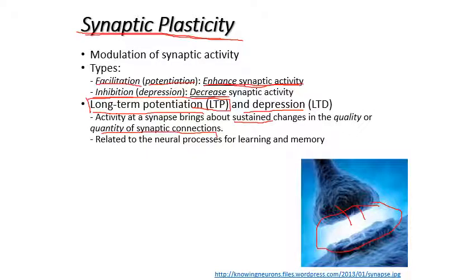Again, we don't increase neurons, we can increase synaptic activity. And these are related in learning and memory. So let's take a look at what's taking place to increase this or enhance the synaptic activity.